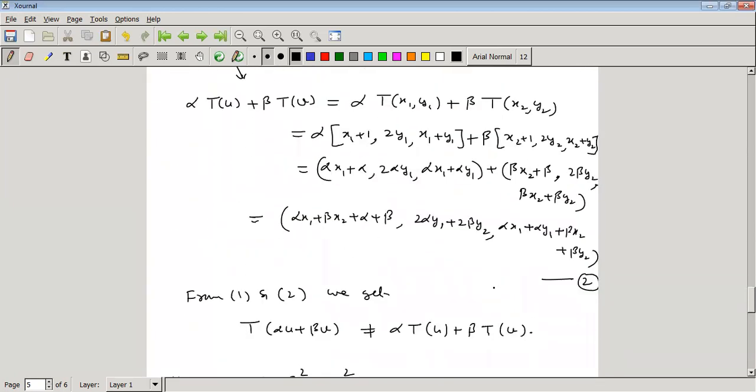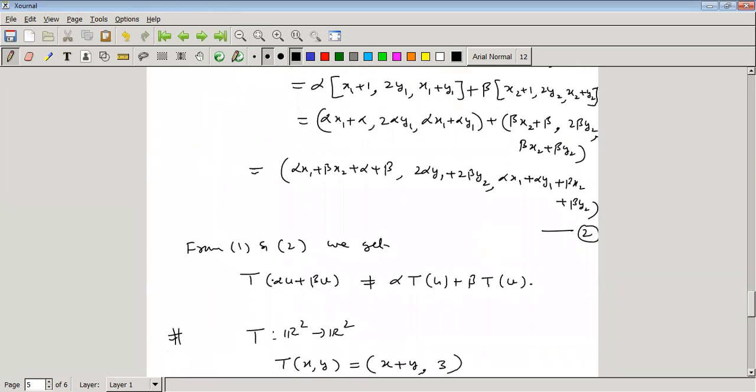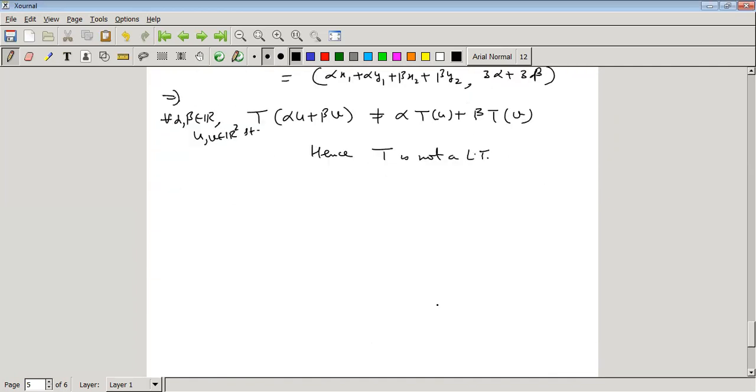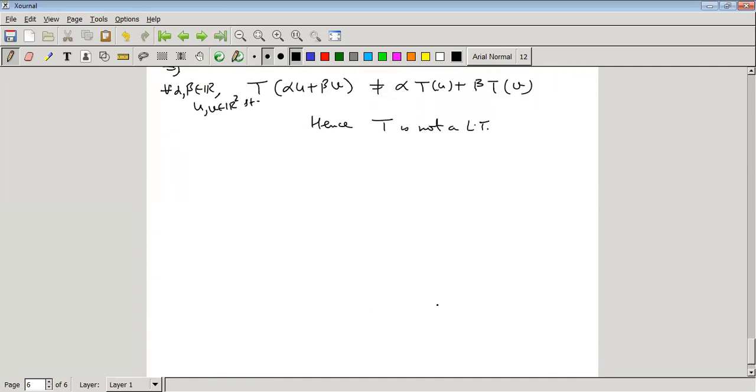Even in the above case, here also we can write, hence T is not a linear transformation. So in this way we can prove that in the first example T is a linear transformation. In the second and third, T is not a linear transformation. Now, next example number 4.